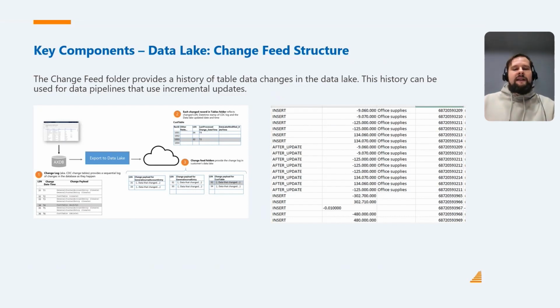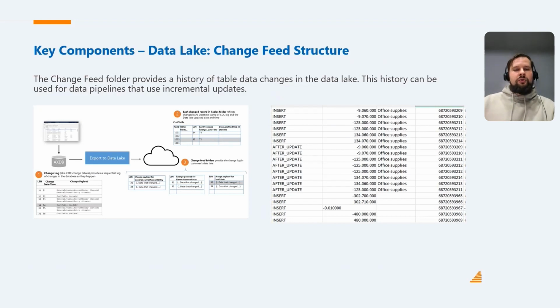In this case, the data lake stores a change feed folder, and we could go in and discuss in great depth how the structure stores it, but that's not the point here. You can also find documentation on how it stores the data. The idea is that if you enable incremental pushes, it will only push the changes introduced in the table.